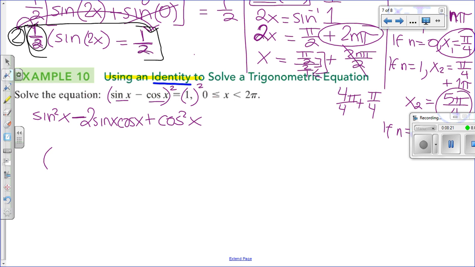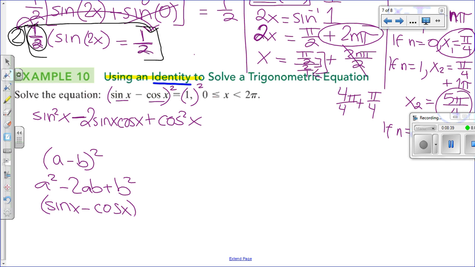Kind of like if you were multiplying a minus b squared, it will be a squared minus 2ab plus b squared. Yeah? Are we okay with that part? So you're multiplying a binomial times itself. We did the following. Sine x minus cosine x times sine x minus cosine x.